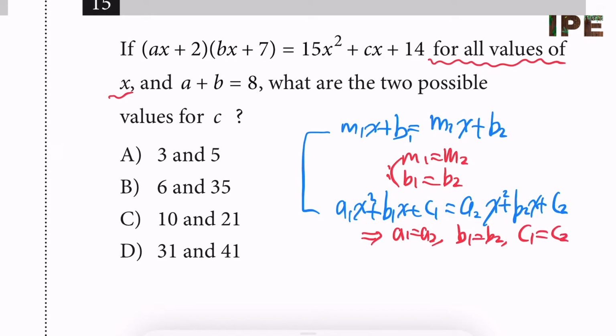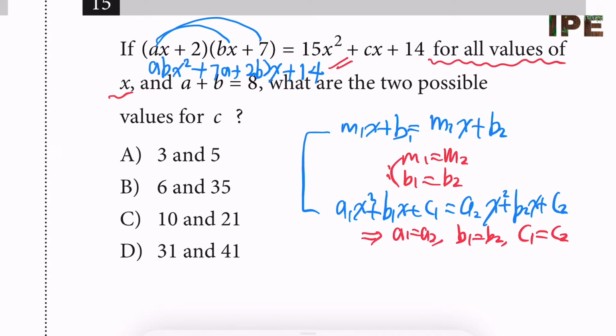So if you expand this first quadratic expression, ax times bx is what? abx squared, and then plus 7ax plus 2bx, and then plus 14. This expression should be equal to this.